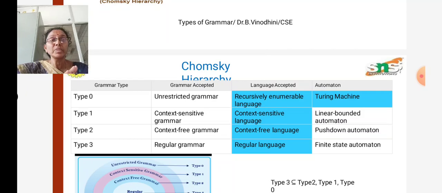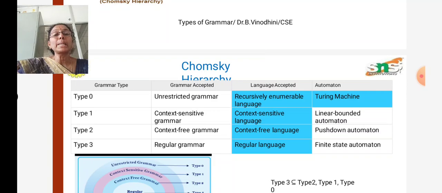Type 0 is called an unrestricted grammar. The language accepted by type 0 is a recursively enumerable language, and the automaton used is the Turing machine.